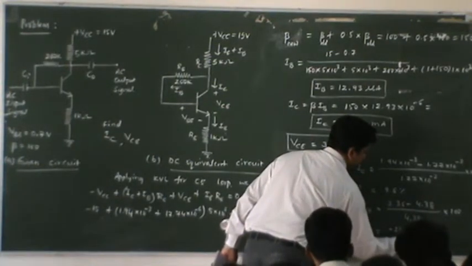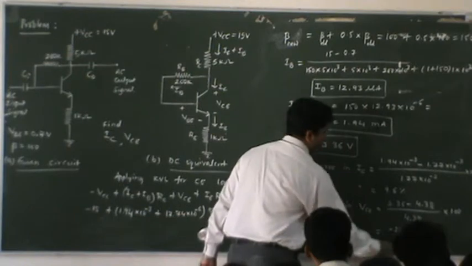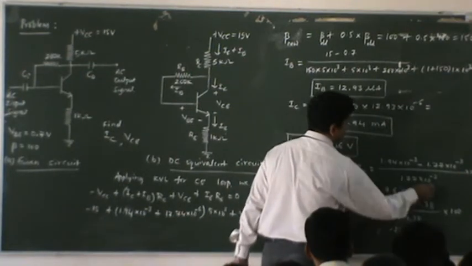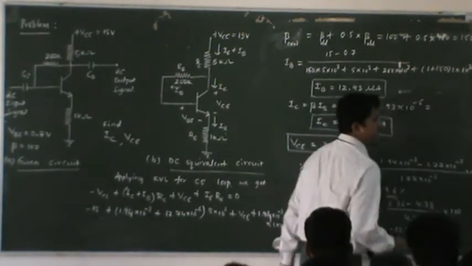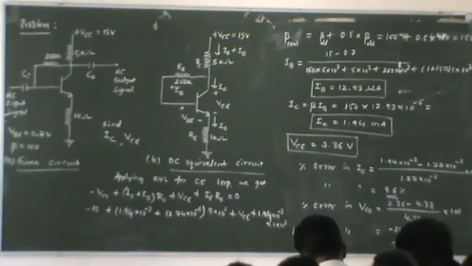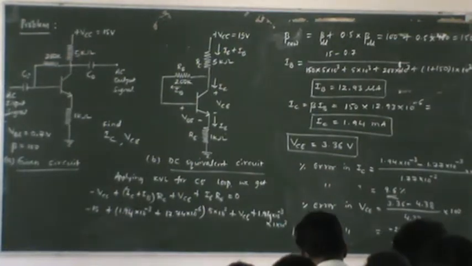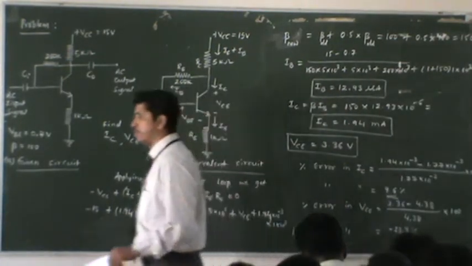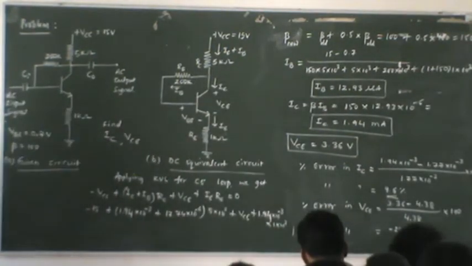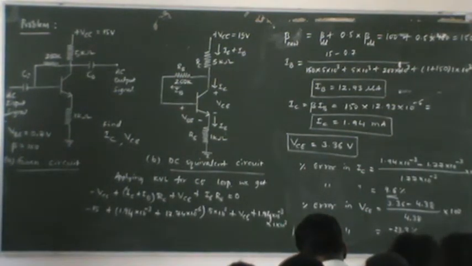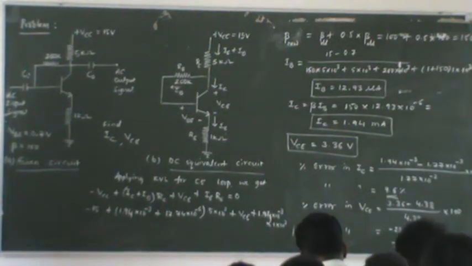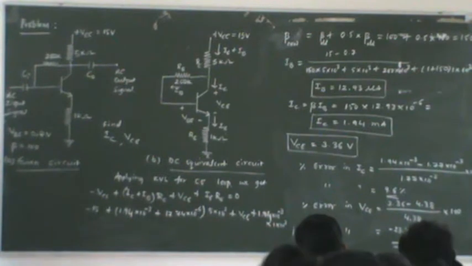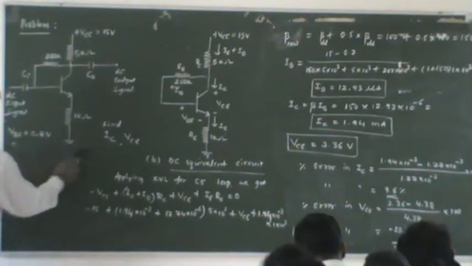So this is the error for VCE and 9.6% is the error for IC. Go through this problem if you have any questions. Any questions here?